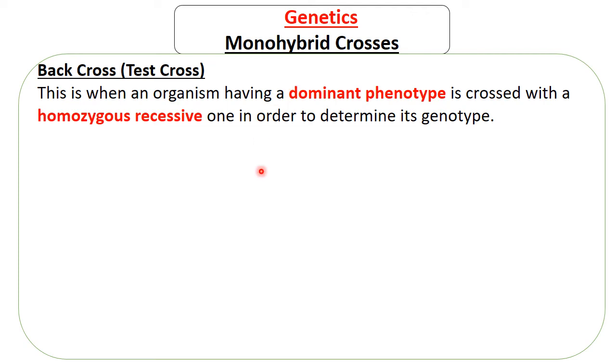So what I'm trying to say is, someone is tall, then they have some children with a partner. Now you want to determine if these children belong to that person, and that person has refused to do a DNA test, but you know that that person is, for example, tall. So what you can do is a backcross.